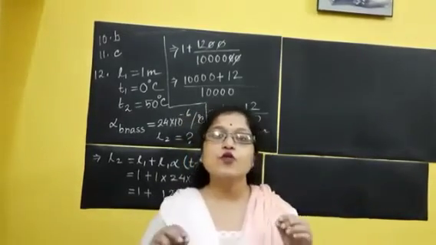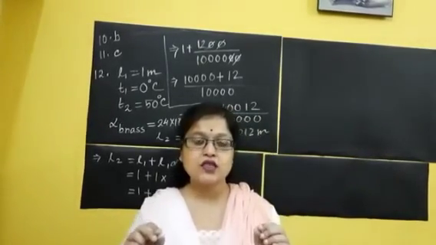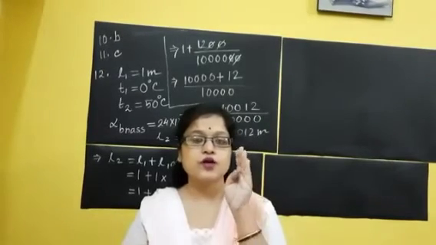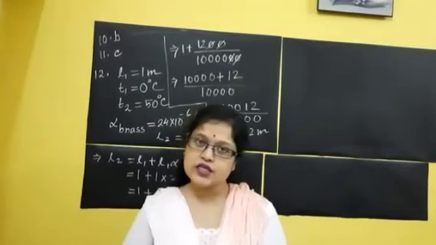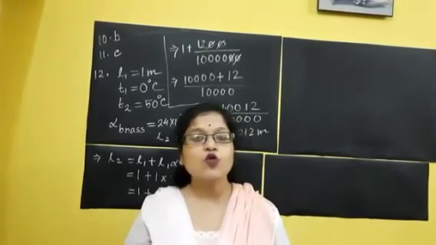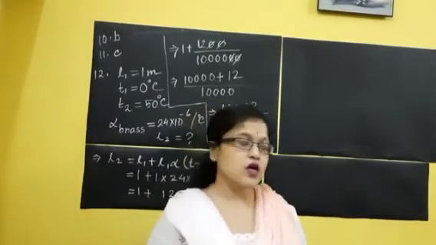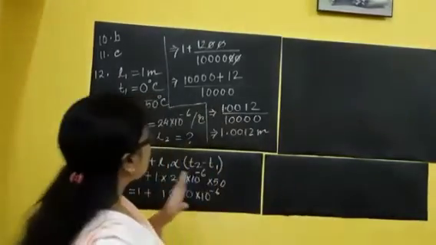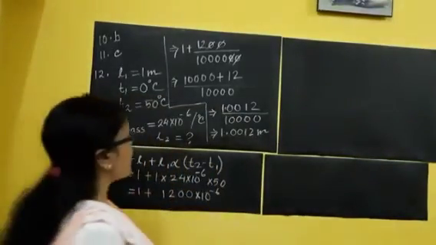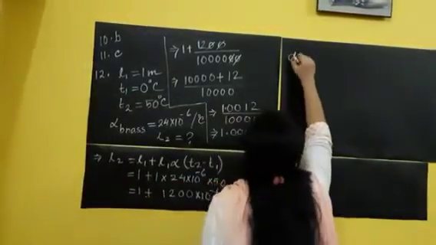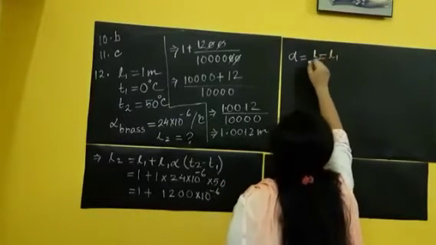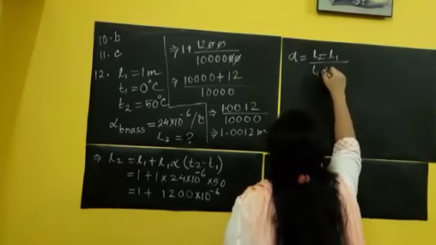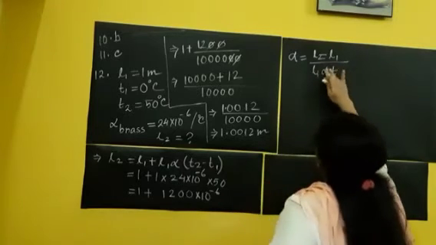Means if you are changing your length unit, suppose first you are measuring in meter, secondly in centimeter, but the value of alpha will not change. Why? Because from the definition of alpha we know alpha equal to L2 minus L1 by L1 t.